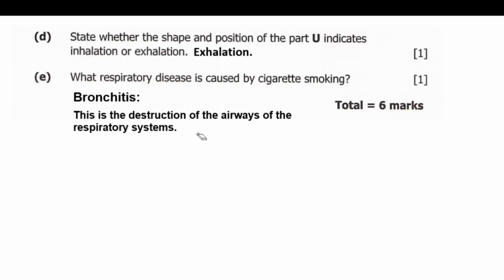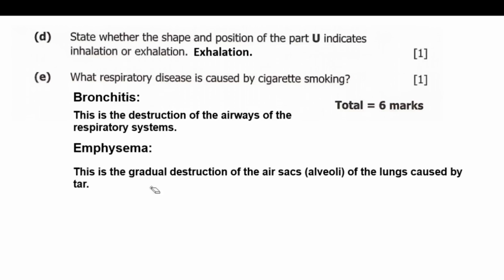When they get destroyed by cigarette smoking, that disease is called bronchitis. Then we have another one called emphysema. This is the gradual destruction of the air sacs, or the alveoli of the lungs, caused by tar, also from cigarette smoking.